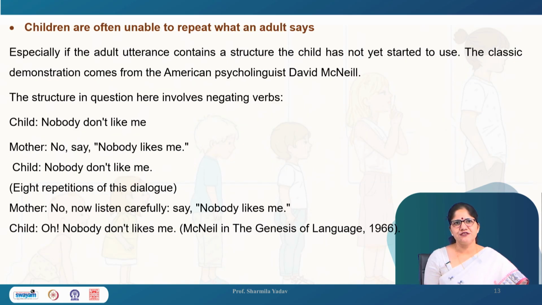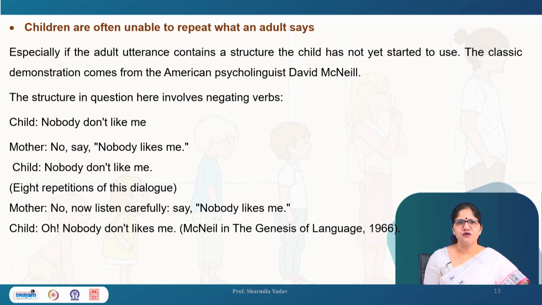Third limitation is children are often unable to repeat what an adult says, especially if the adult utterance contains a structure the child has not yet started to use. The classic demonstration comes from the American psycholinguist David McNeill. The structure in question here involves negating verbs, and there is an interaction between child and mother. Child says, "Nobody don't like me."